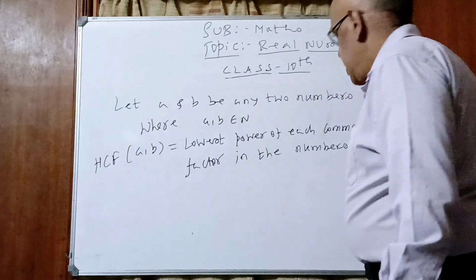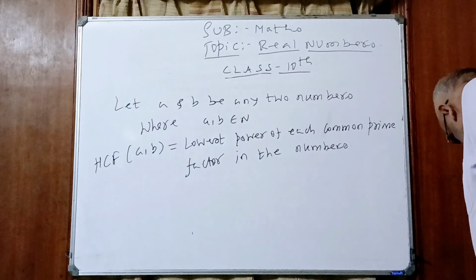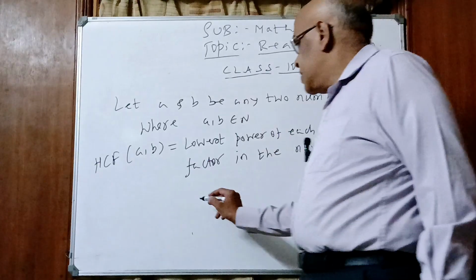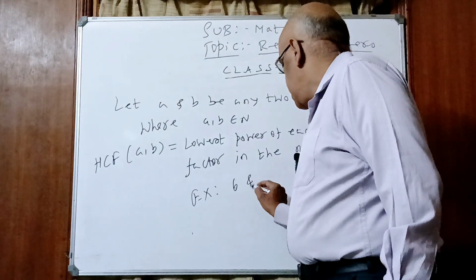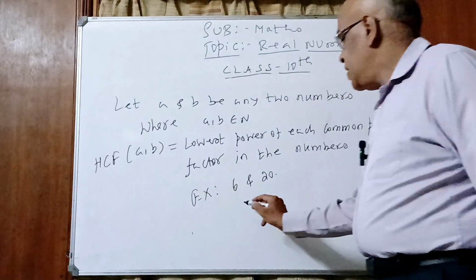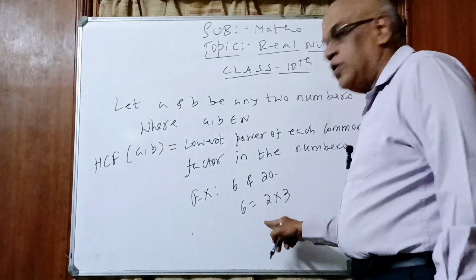For example, children, take the HCF of two numbers. What are the two numbers? 6 and 20. So what are the factors of 6? 2 threes are 6. Both are prime.